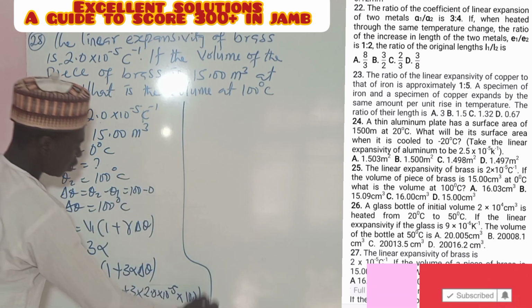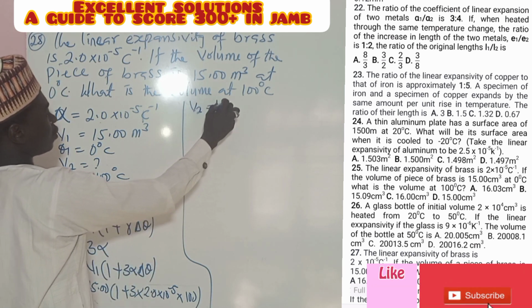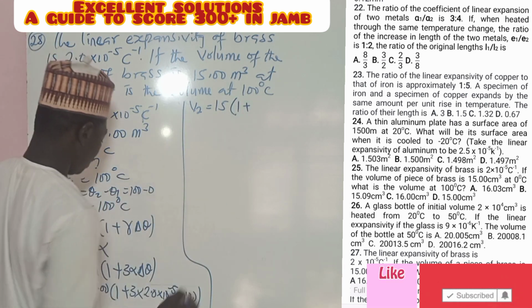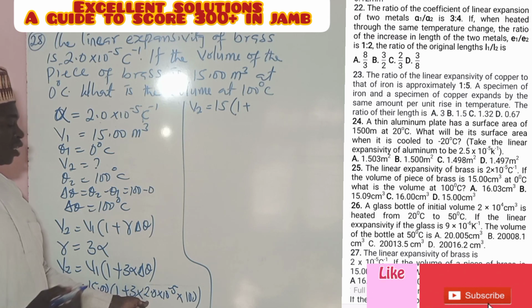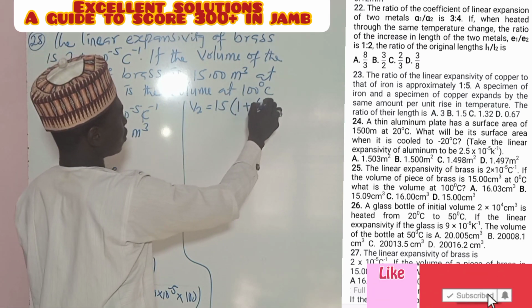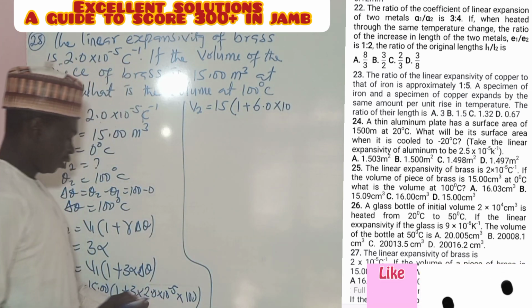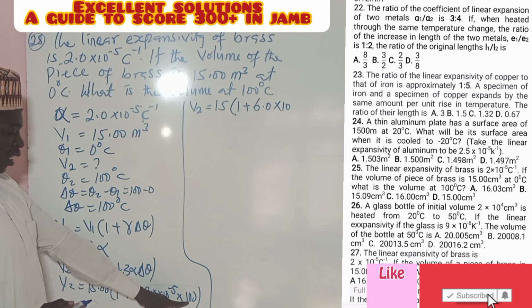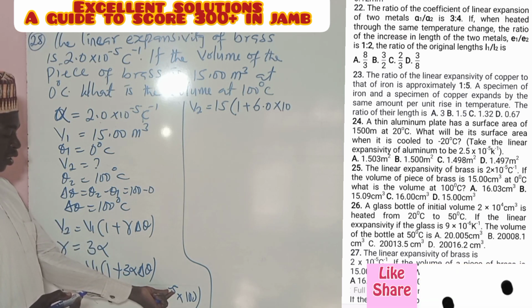So we have V2 equals 15 bracket open 1 plus, if we look at this, 3 times 2 we have 6. So this is 6.0 times 10 raised to the power. If we look at this exponential minus 5, when we multiply it by 100, it will go with 2 negative here.